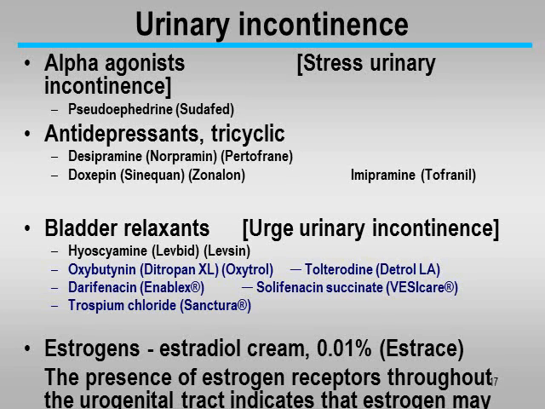You'll learn about them again when you get to genitourinary pharmacology in D&D. But today I want to just briefly speak about a few of the bladder relaxants that can be used to relieve urinary incontinence that work by blocking muscarinic receptors. And we've already talked about one on the board, hyoscyamine, and I want to mention some of the others, such as oxybutynin, darifenacin, trospium.